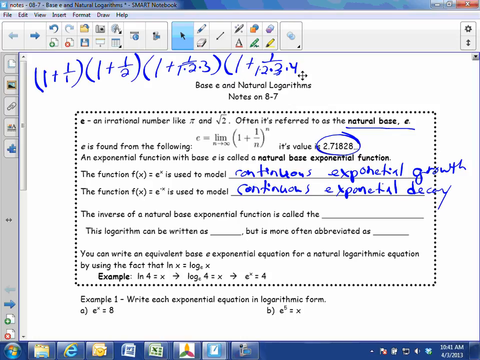Continuous exponential growth and continuous exponential decay. Notice that the functions are really, really similar. The only thing that's different is the exponent x is positive when it's growth and negative when it's decay. That's the only thing that's different.